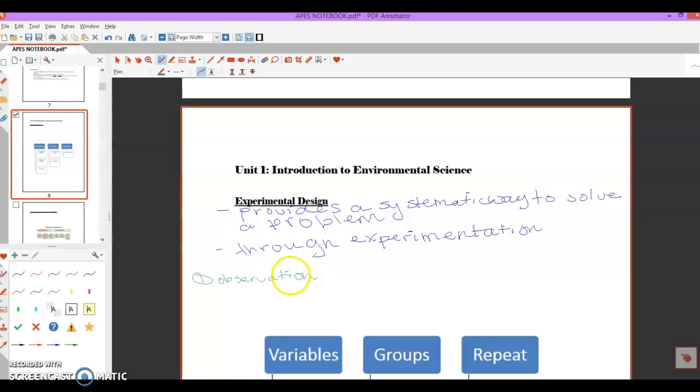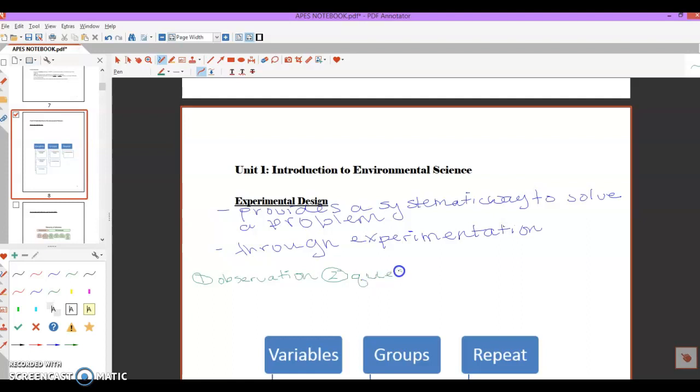You have to notice something in order to want to create an experiment to investigate it further.